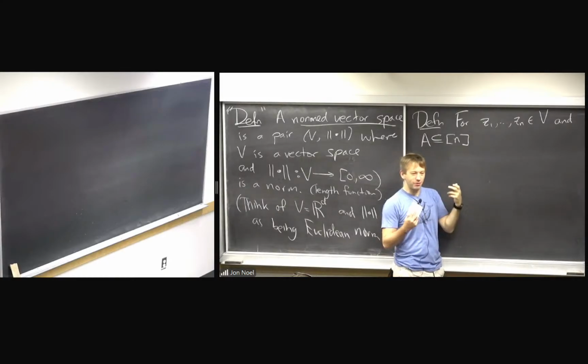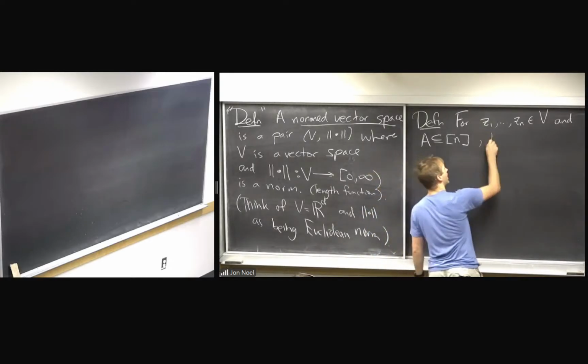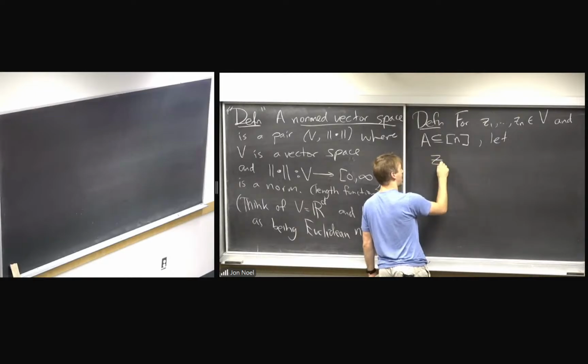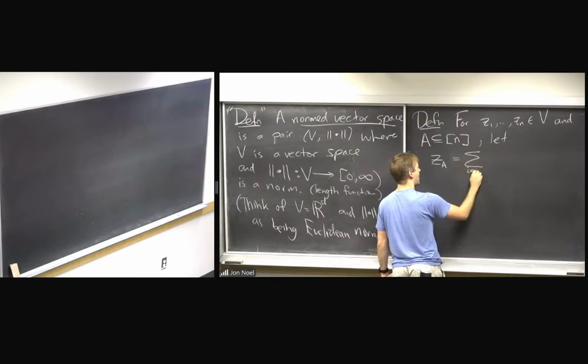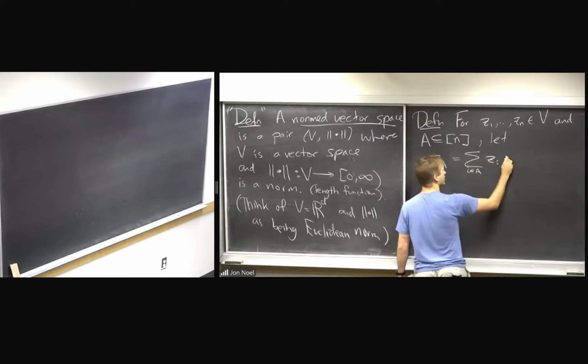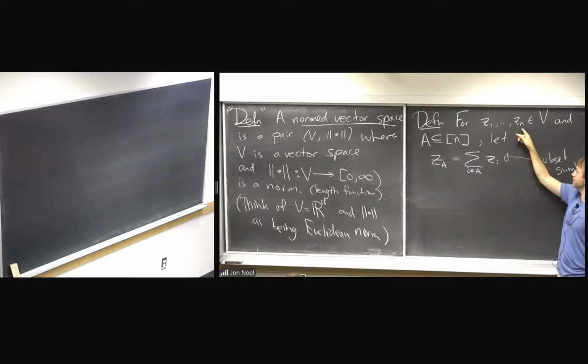We call this a subset sum. As a shorthand, let Z sub A be the sum over i in A of Zi. We call this a subset sum because it's summing over the points that correspond to indices in that subset. I think that's all I need to state the problem.